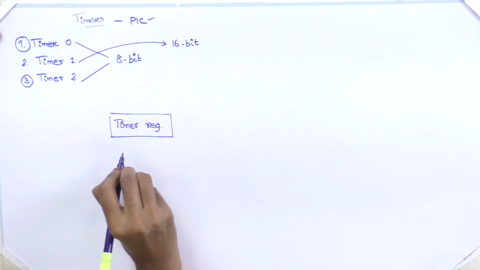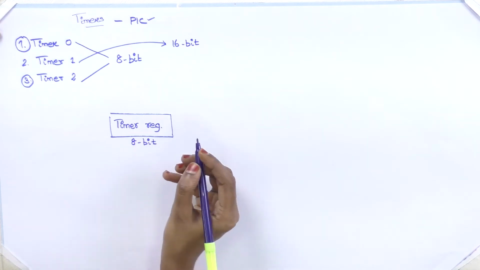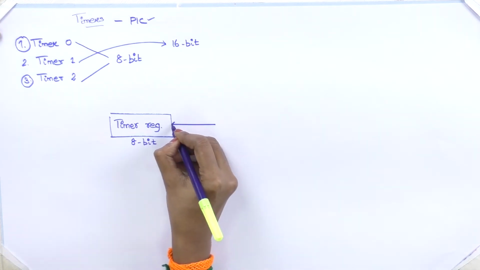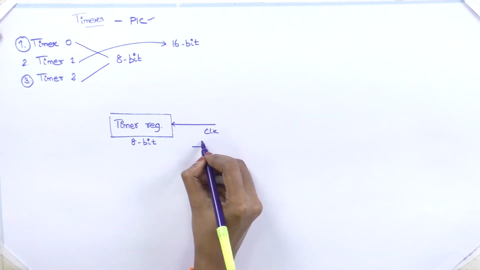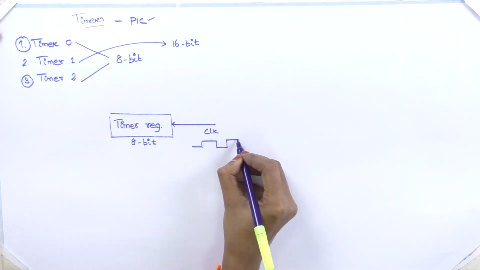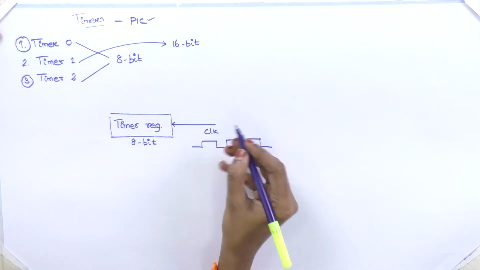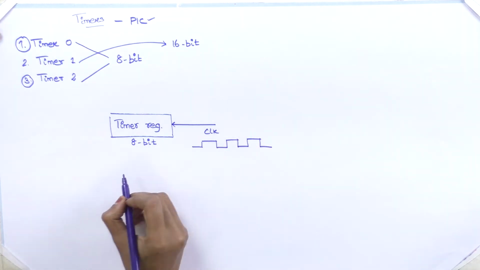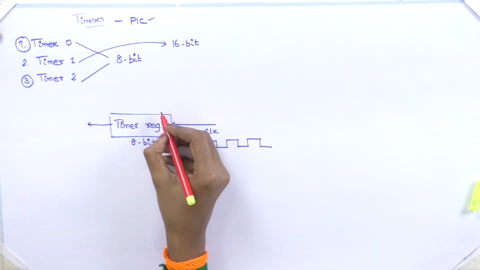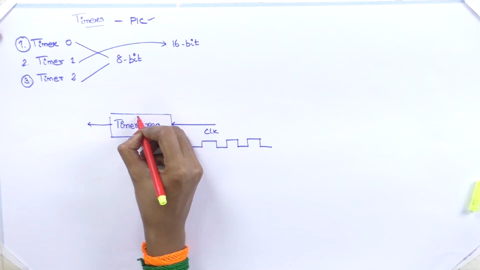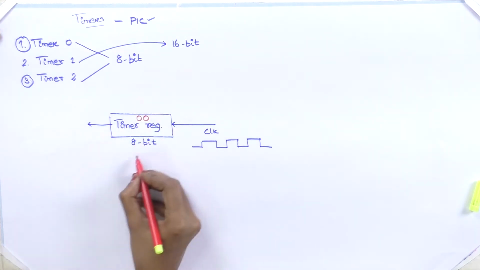We will have a timer 0, which, for example, I will take as 8-bit. For this timer register we will give the clock pulse as an input. This clock we will take internally or externally, it depends on the programmer. At the initial time this register will be initialized to 0 0, because it's 8-bit.